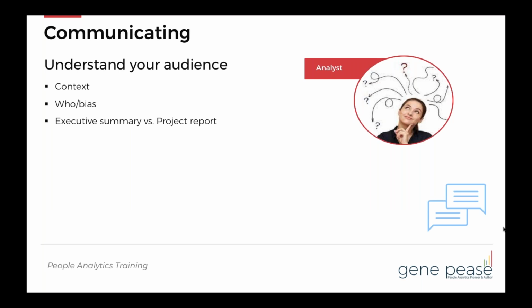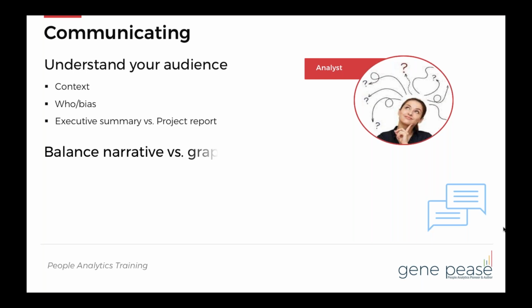So really you need to understand your audience, the context of who's going to be in the room and how you present it. I can't tell you how many times we've gone into a meeting expecting it was going to be a project report and a senior executive decided to drop in and see the report and we didn't have an executive summary ready. So understand your audience and the context of it and what kind of reporting they expect and what time frames.